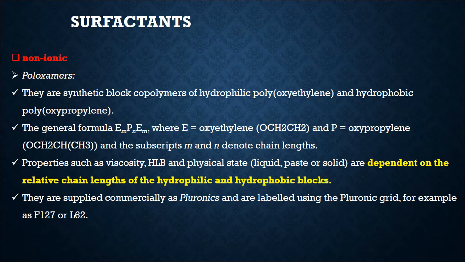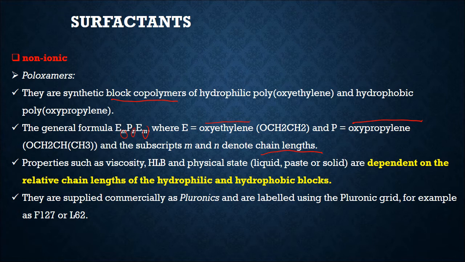Poloxamer is another example of non-ionic surfactants. They are synthetic block copolymers of hydrophilic polyoxyethylene and hydrophobic polyoxypropylene, and the general formula is EmPnEm, where E is oxyethylene, P is oxypropylene, and the subscripts m and n denote the chain length, the repeatability of the chain.